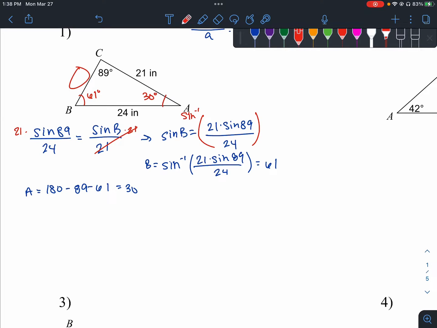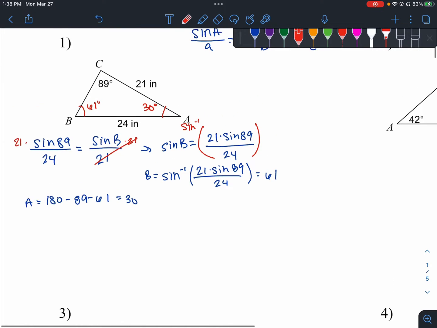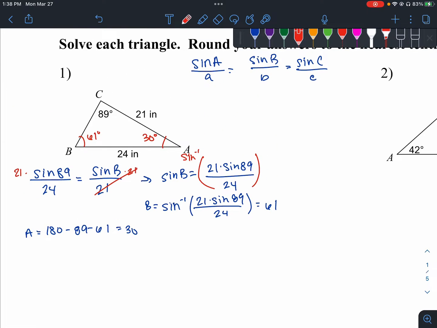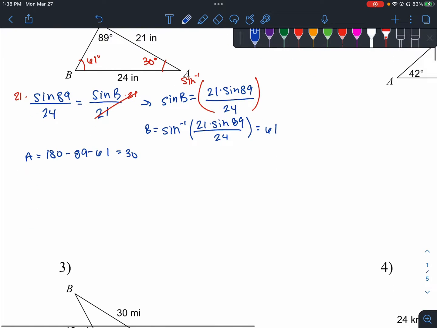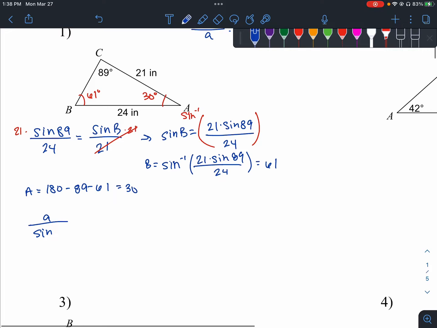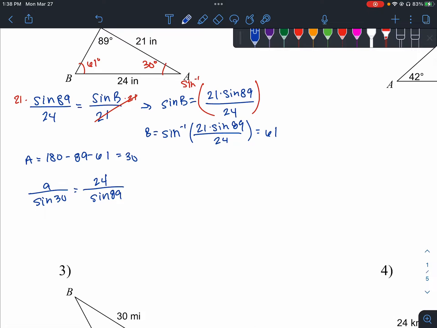All that's left for me to find is side A. So let's use the law of sines one more time, solving for this part right here. I'm going to say A divided by sine of 30 is equal to, we'll use C, so 24 divided by sine of 89. Note that I'm using the reciprocals of the equation because I'm looking for the side. So I'm going to multiply both sides by sine of 30.